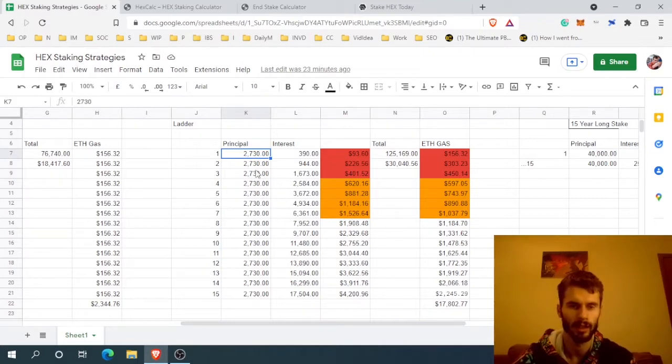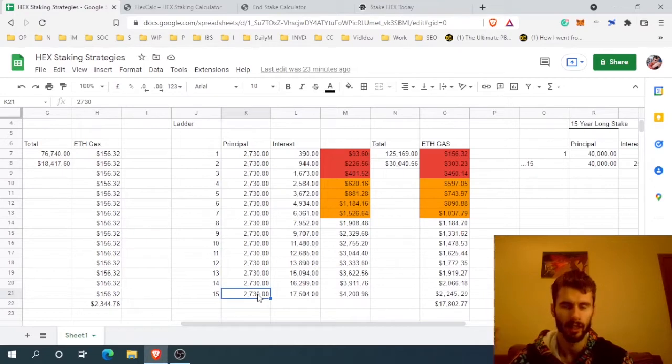How it works is that you divide your initial investment and you stake your first 2,730 for a year, the second for 2 years, then for 3, 4, 5, 6, 7, 8, 9, up to 15 years. And you have these small stakes with varying lengths.